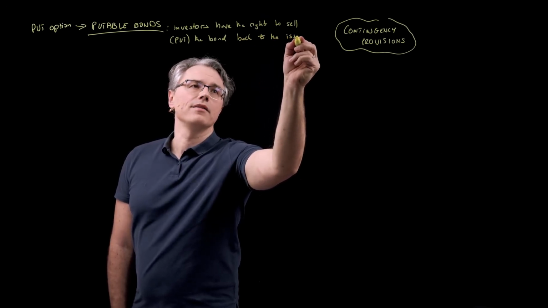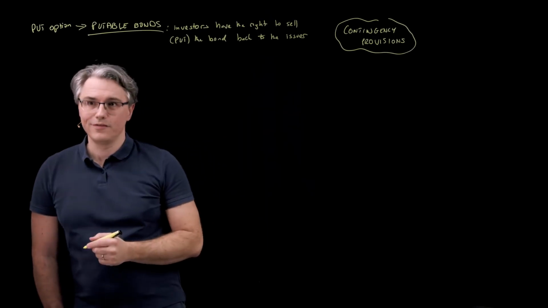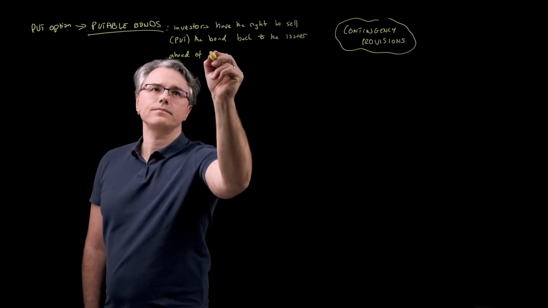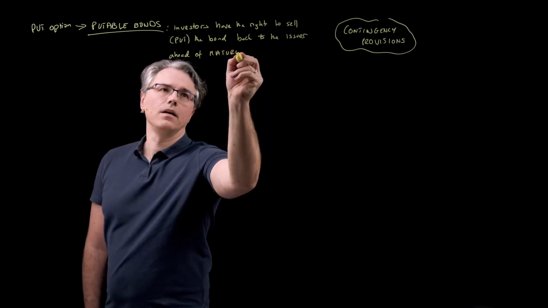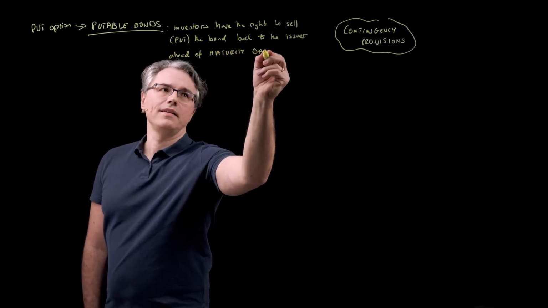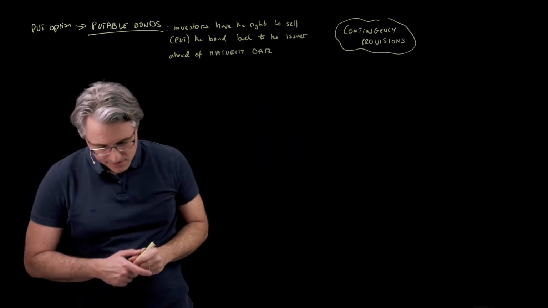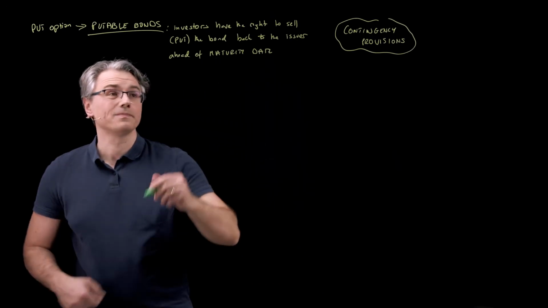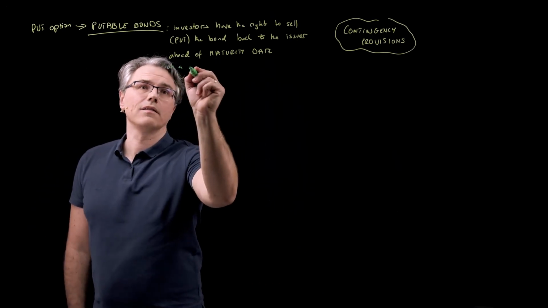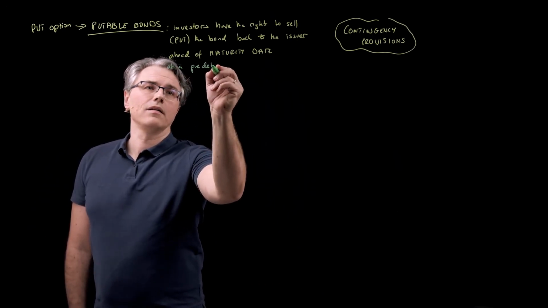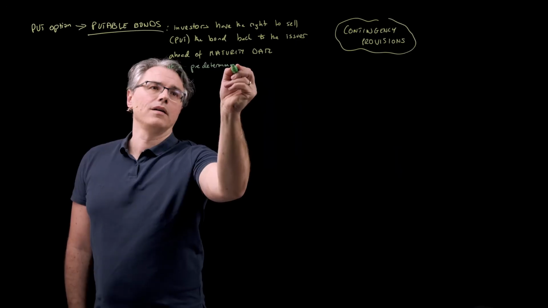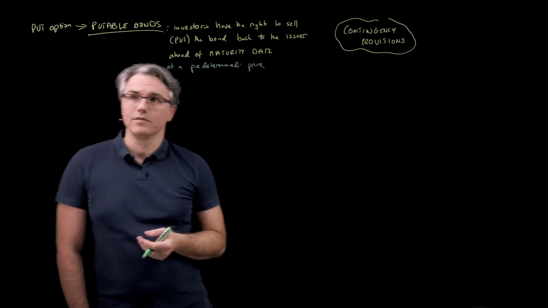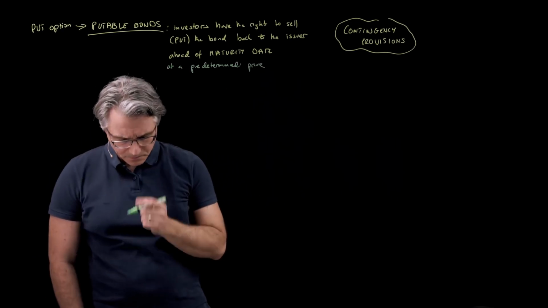And once again, they can do so ahead of the official maturity date, at a predetermined price. That price is once again going to be written into the bond agreement, into the bond contract.